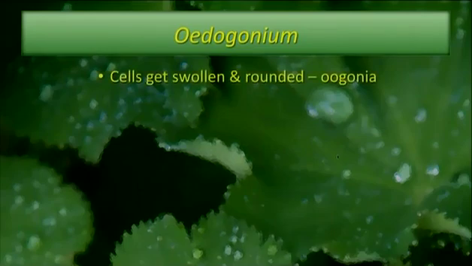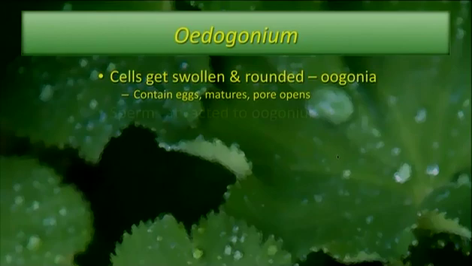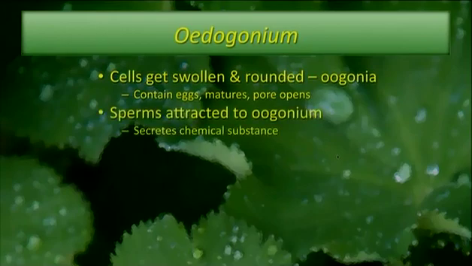Then some cells get swollen and rounded, and these are the oogonia. Oo means egg. So it contains eggs, and it matures, and a pore opens in the oogonium. The sperms are attracted to the oogonium. The oogonium secretes a chemical substance.